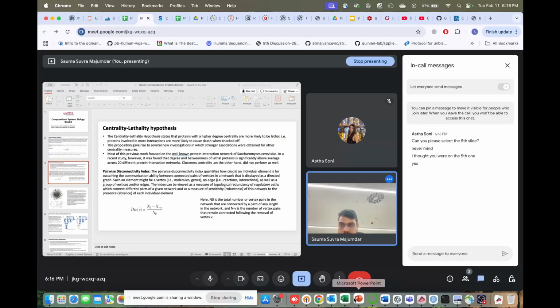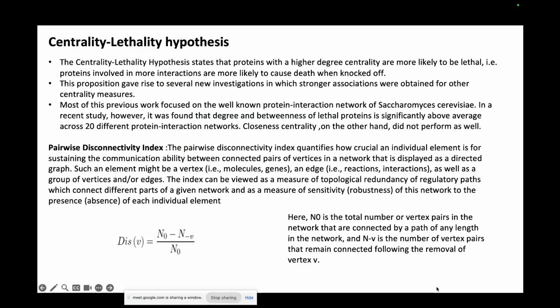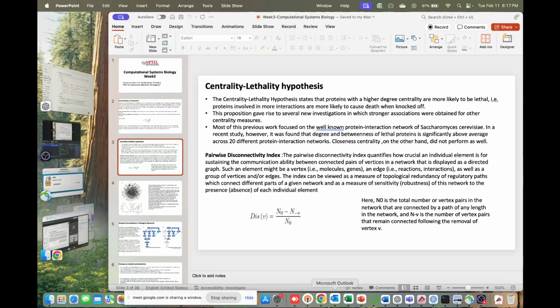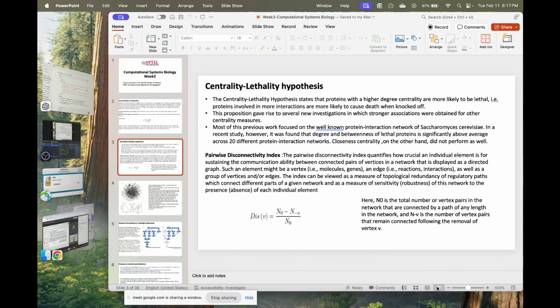Can you see the whole screen, or do you still see it in non-presentation mode? Because I am showing this in presentation mode. Yeah, I hope you can see my screen. Okay, good. Please let me know when you cannot see the screen.